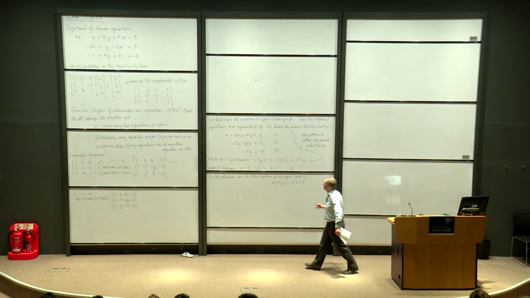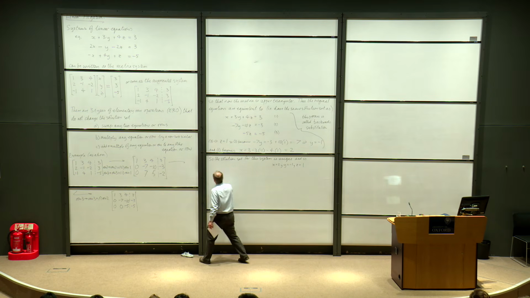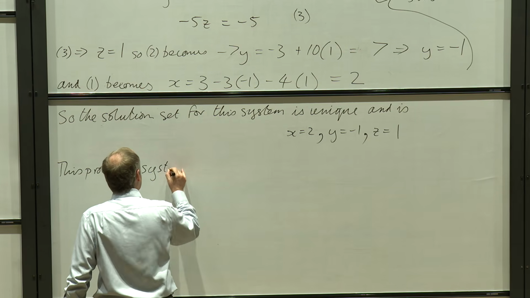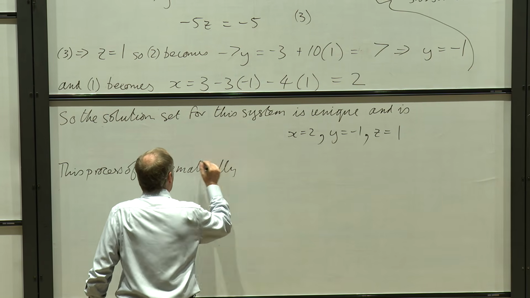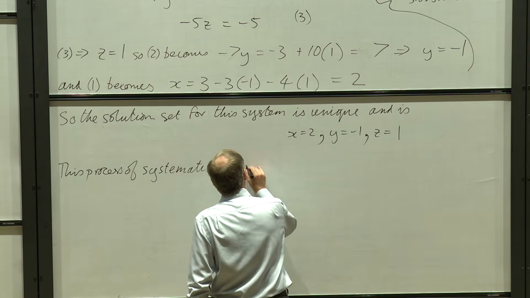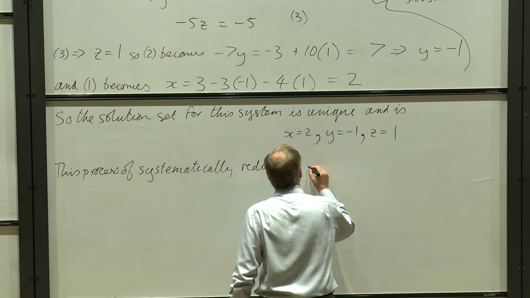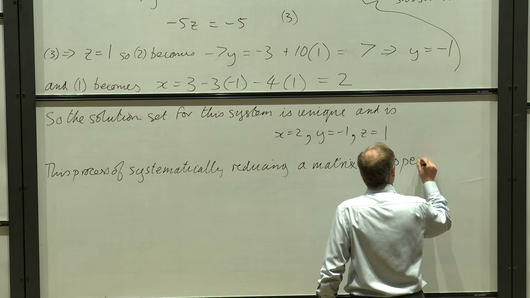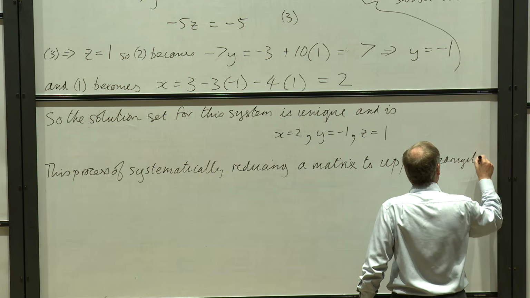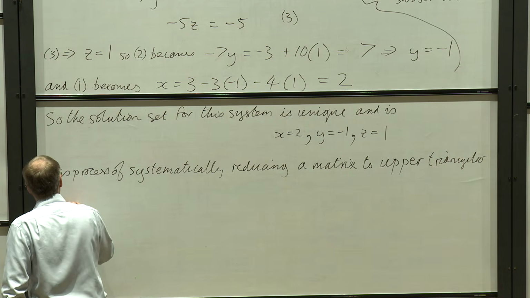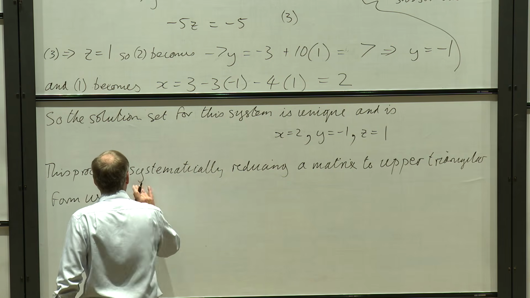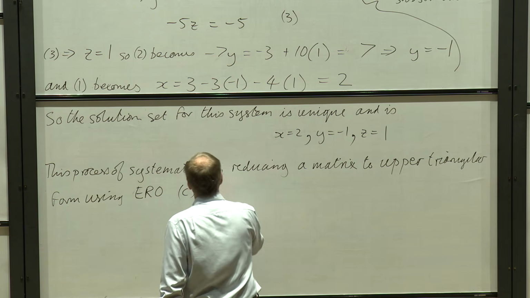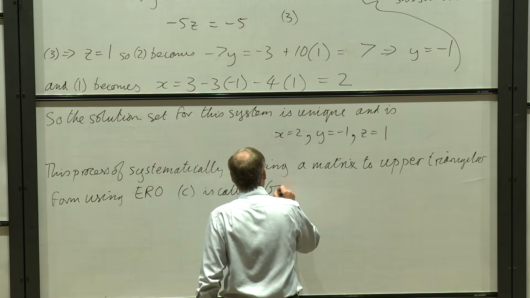Okay, so this process of systematically reducing a matrix to upper triangular form using EROs, what we call Gauss or Gaussian elimination.